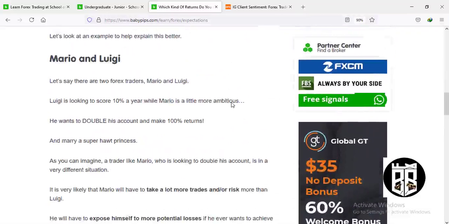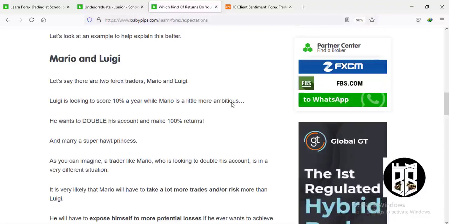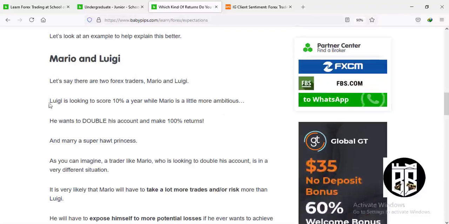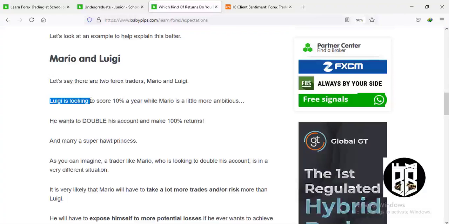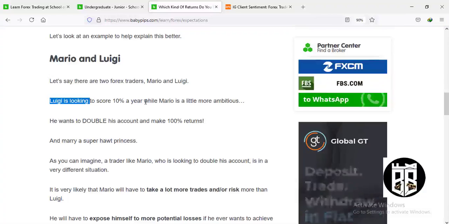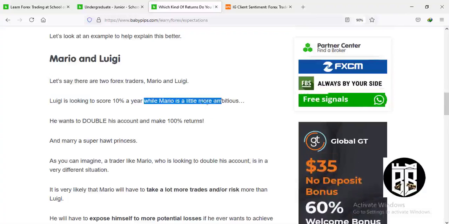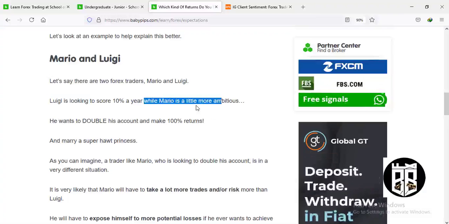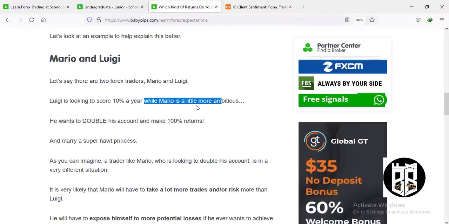They are two different people. Luigi is looking to score 10% a year from his trading, while Mario is a little more ambitious. He wants to double his account and make 100% returns as soon as possible.